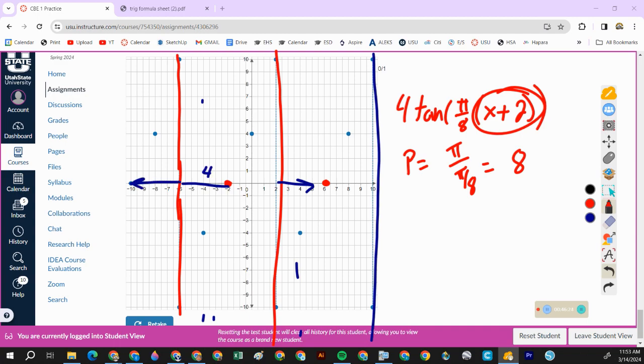So if I count 4 this way, I need to put that point as well. So I have 1, 2, 3 x-intercepts. And then normally I would go halfway in between there and go up 1, and halfway in between and go down 1. But this is 4 times taller than normal. So this is going to jump up to here, which means we have a point there and a point there. And then that's going to jump down to there, which means we also have a point there.